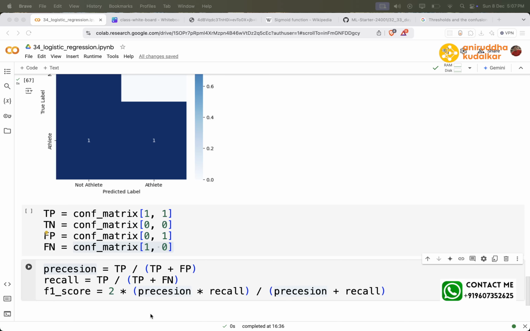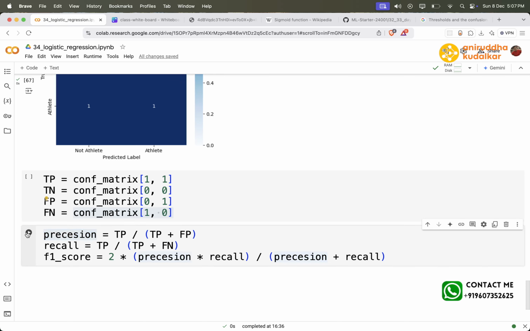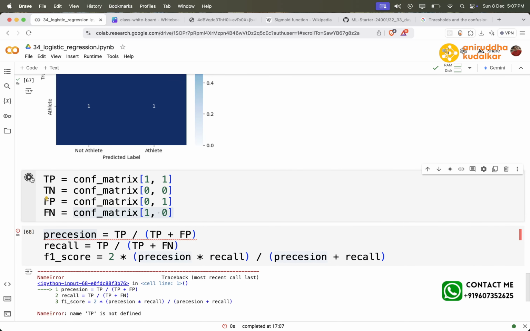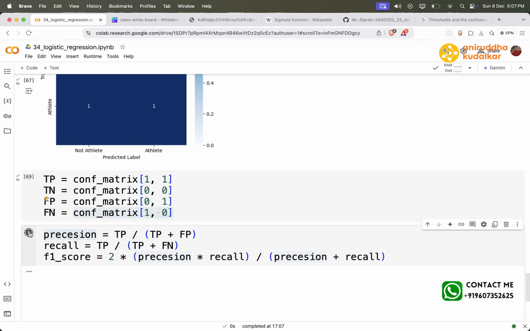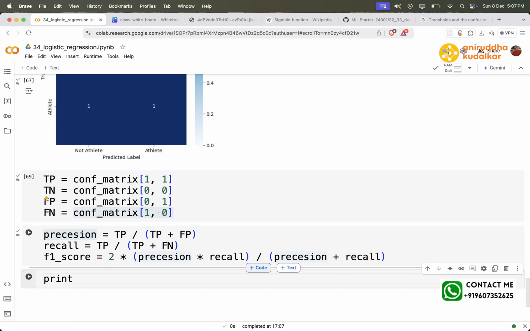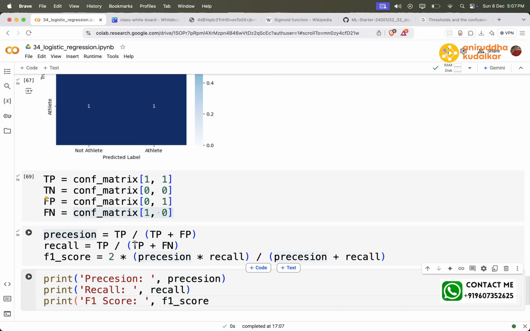Interpretation, higher precision values. Now run it. Okay, we didn't run this one.